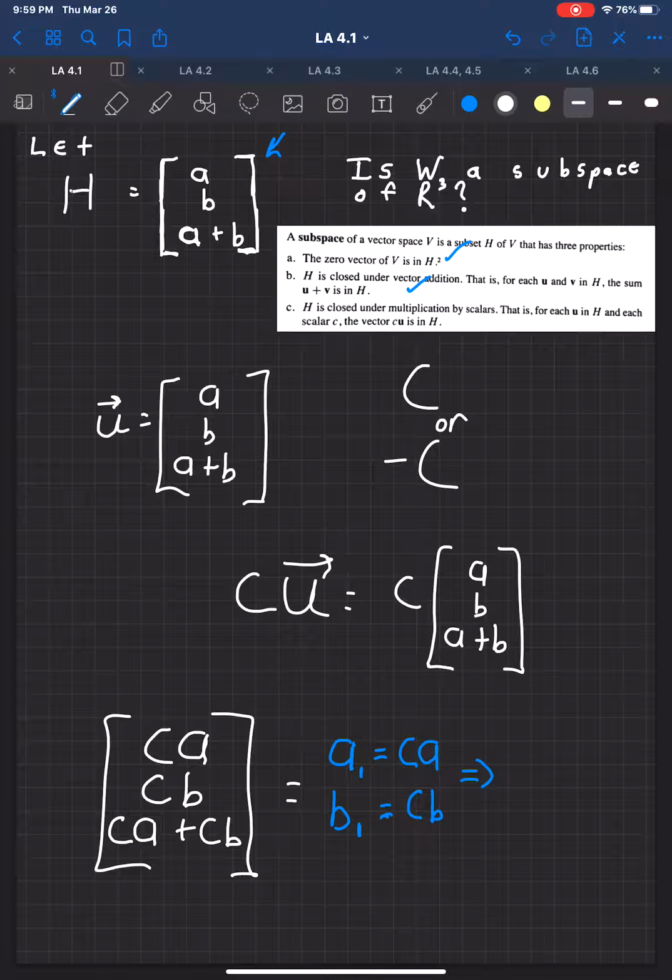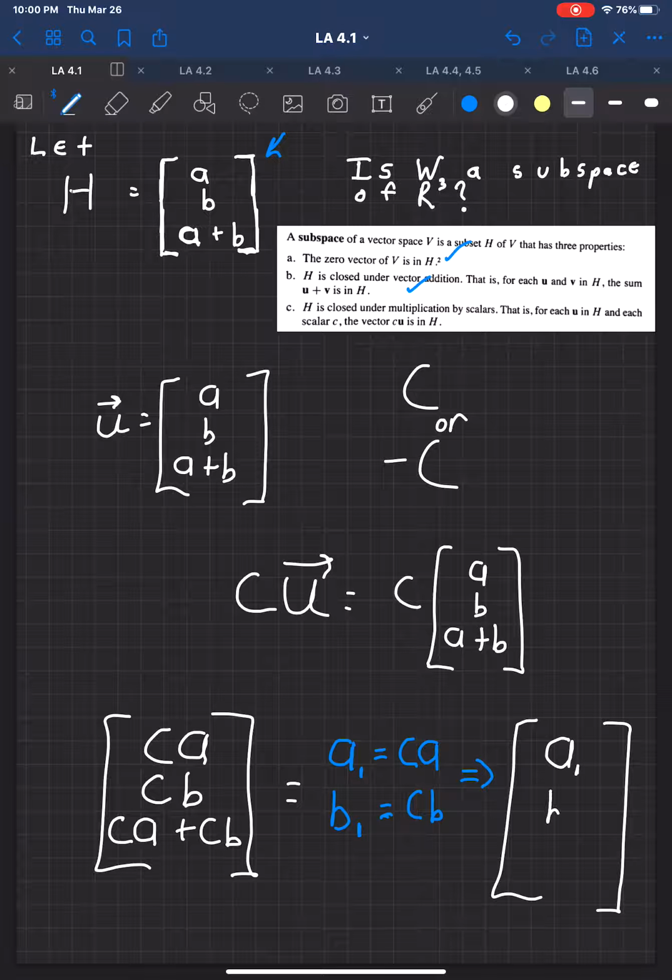So I'm going to make some substitutions. Anywhere I see the vector ca, I'm just going to write a with a subscript 1, and anywhere I see cb, I'm going to substitute b sub 1.